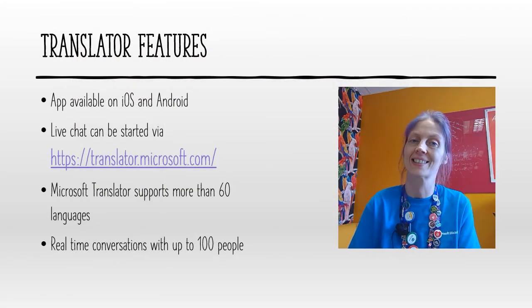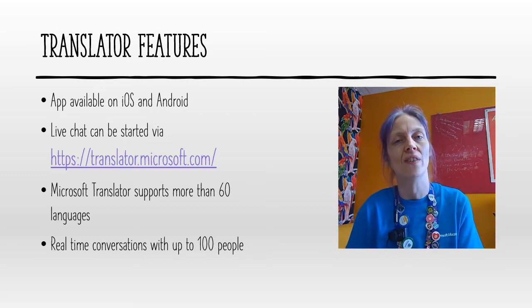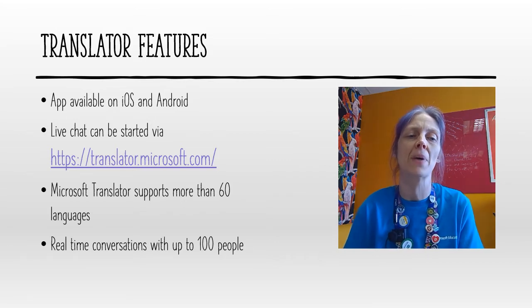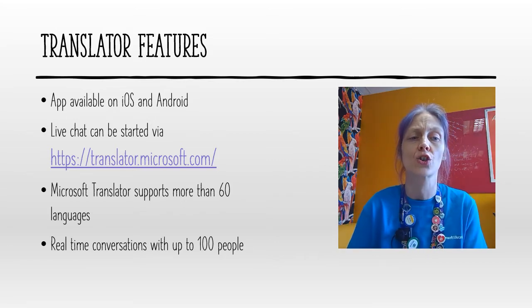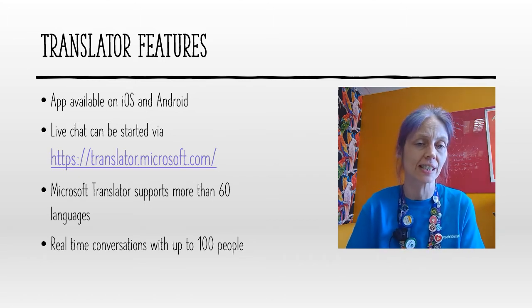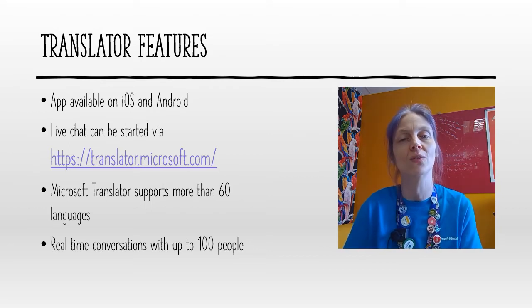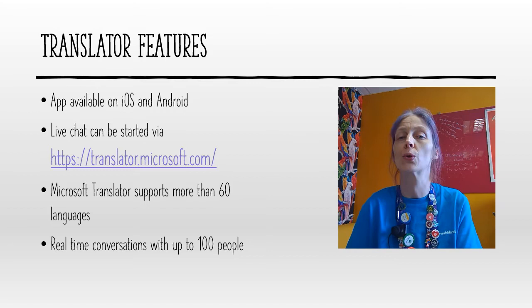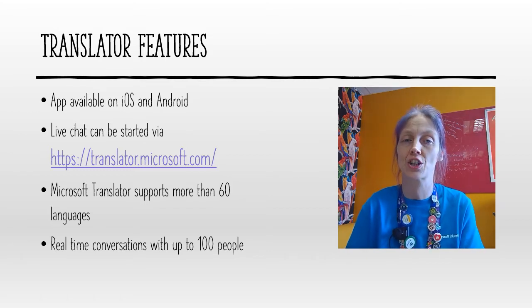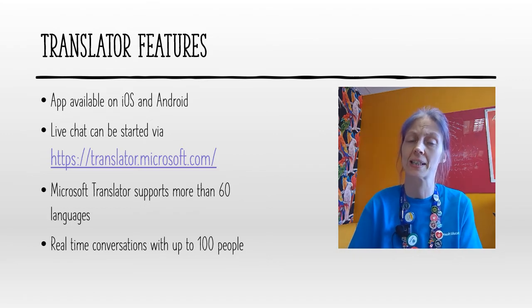Now we'll have a look at Translator. So Translator is available as an app on iOS or Android, but it's also web-based and can be accessed via translator.microsoft.com. Once you visit translator.microsoft.com, if you have a code, you can join a conversation that's already running, or by signing in with your Microsoft or Google accounts, you're able to start a new conversation, which then gives you a code which you can share with participants so they can join your chat.